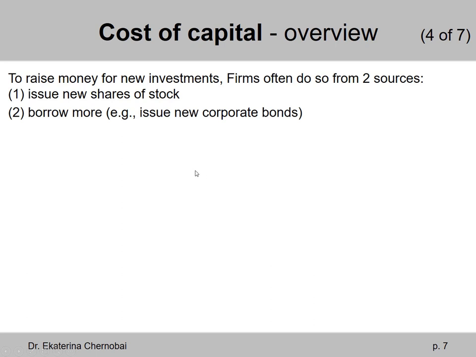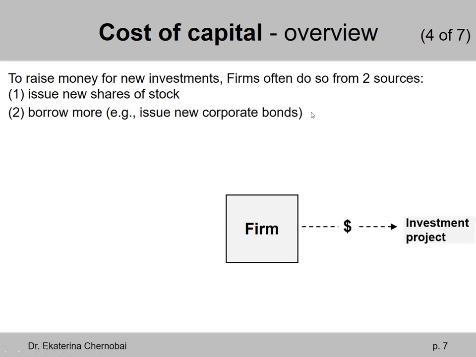Okay, so let's say a firm wants to invest into a new investment project. There's a lot of money required for that, which we typically call net capital spending, right? It could also be some increase in net working capital, like we saw in chapter 10 in this class.